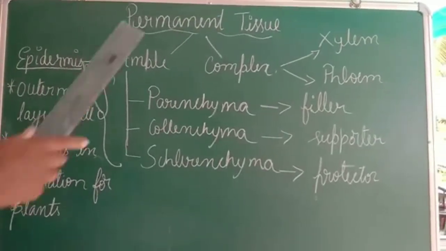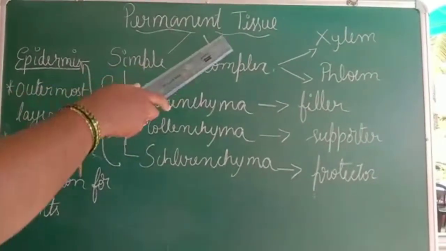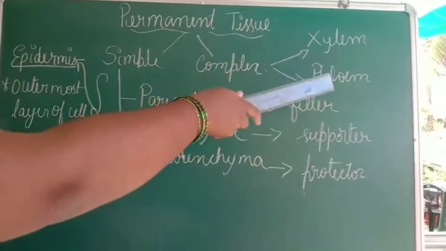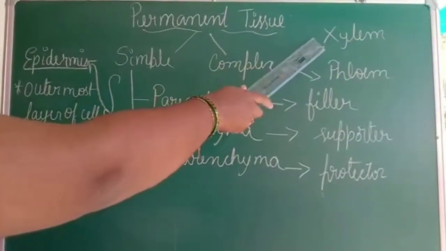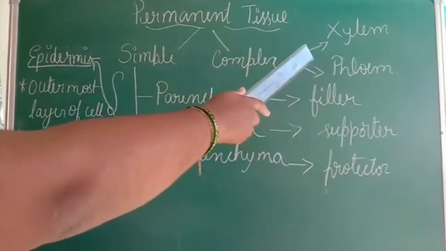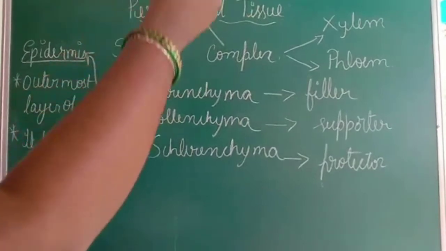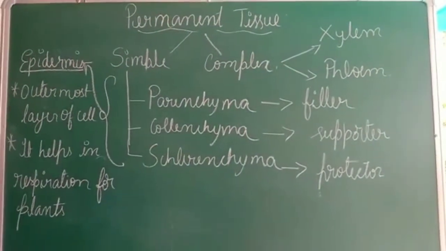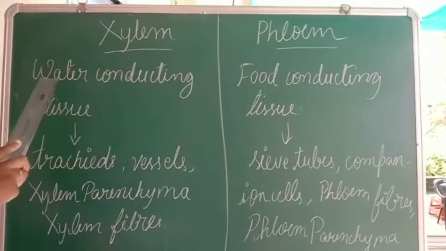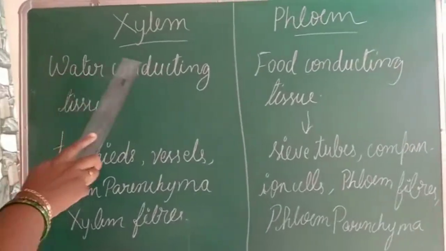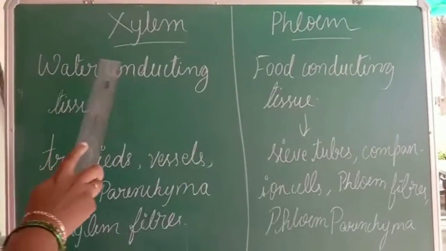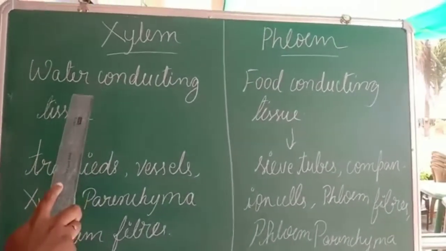Now coming to the complex permanent tissue. It can also be classified into two different types: xylem tissue and phloem tissue. Next we'll go on to explain what xylem and phloem are. Xylem tissue is called a water conducting tissue. Its main function is to conduct water towards the plant's body.